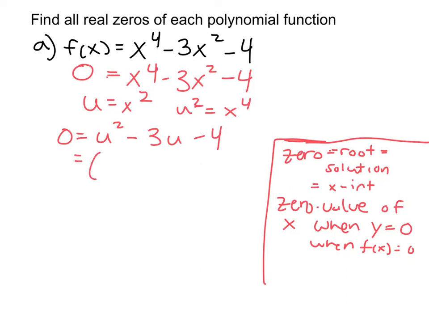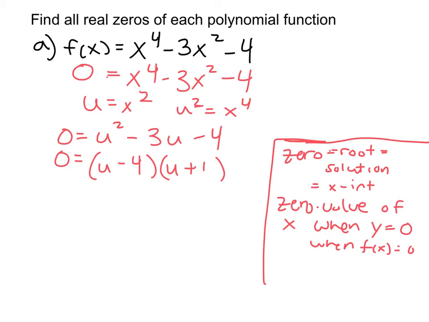This is easily factorable. So I'll have u, and then I need two things you multiply together to get negative 4, and when you add them together, you get negative 3. So that's going to be negative 4 and plus 1.